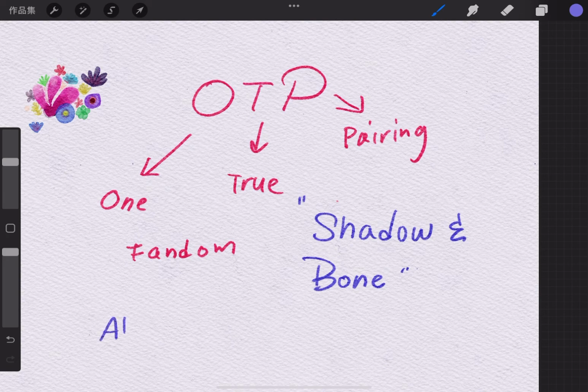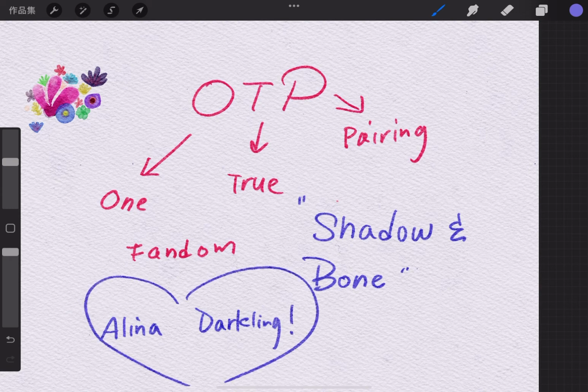Come on, Alina and the Darkling. They're my one true pairing.